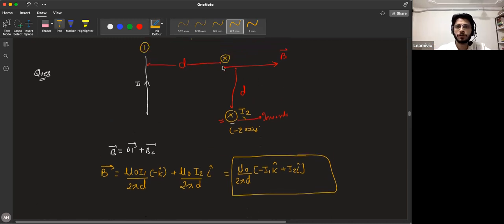That is the magnetic field over this point. To calculate the magnitude of the magnetic field at a particular point, direction is very, very important.